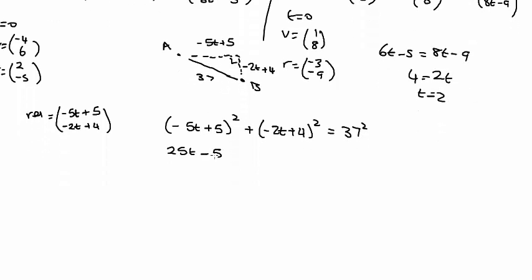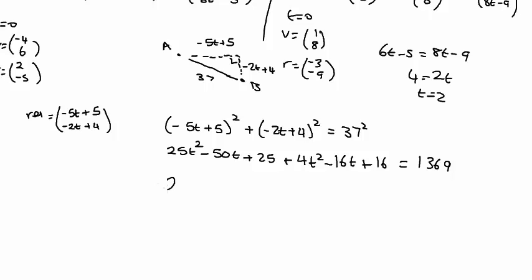25t squared minus 50t, and again, don't do it this quick, but I'll be honest, it's boring, so I'm just getting on with it. T squared, look at that, almost a mistake crept in there. Minus 16t plus 16 equals, what's 37 squared? 1369.